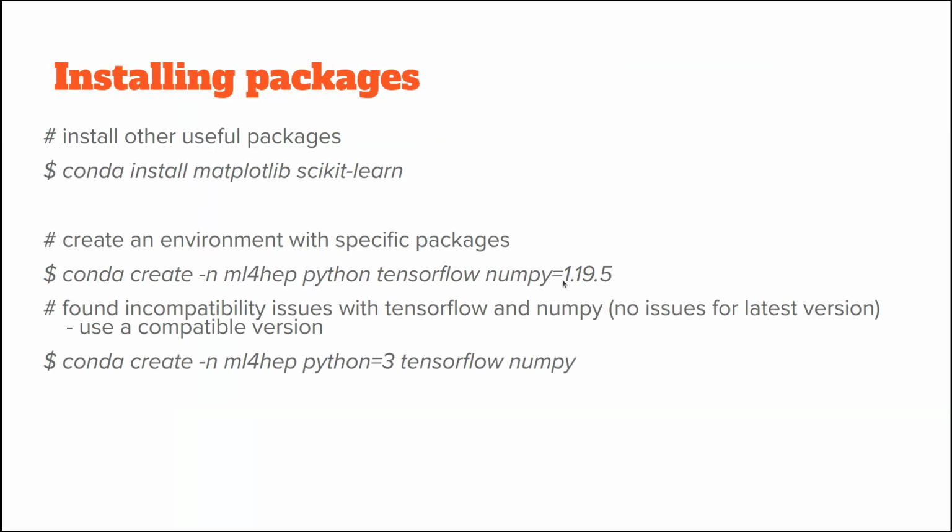But while running this command, you will see that it doesn't work out. You'll find some errors, and it will show some incompatibility issues, because NumPy version 1.19 doesn't work with this TensorFlow. Since we haven't mentioned any specific version for TensorFlow, it would take whatever the latest one is available. I think it's 2.2.16 or something.